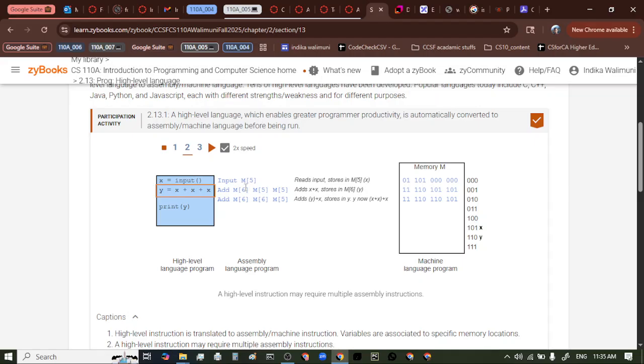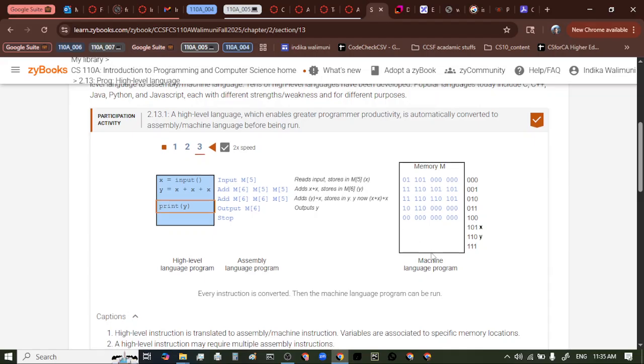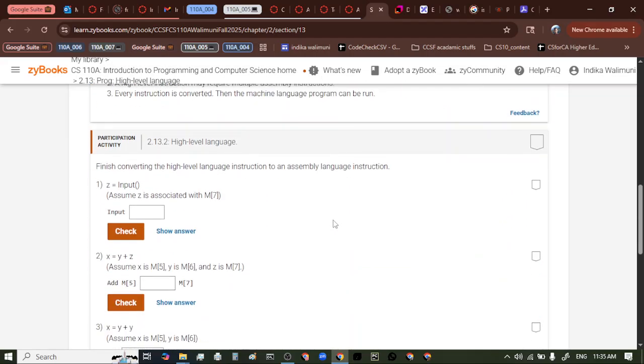And then that adds to y again, okay? For x again, okay? So it's a little bit confusing, right? But try to understand, just for the sake of answering the question down below, okay? All right, so it outputs y.